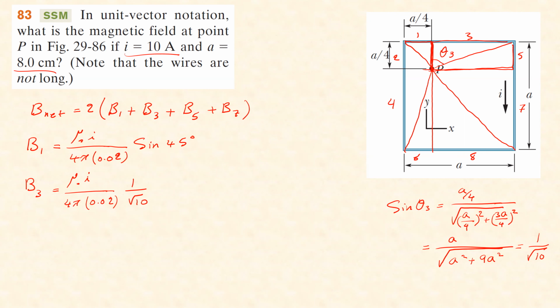All right, and then what is this is B3 and B5. B5 has this angle, θ5. What is sine of θ5?